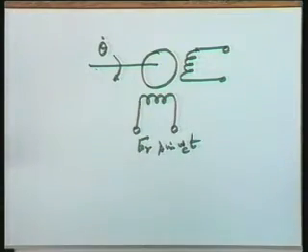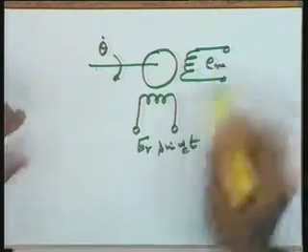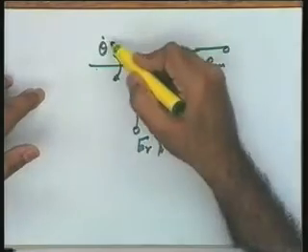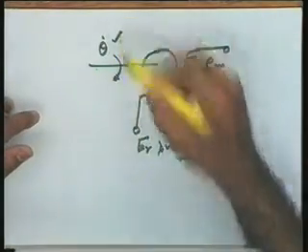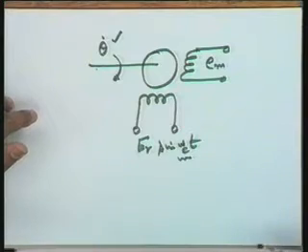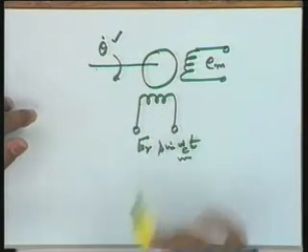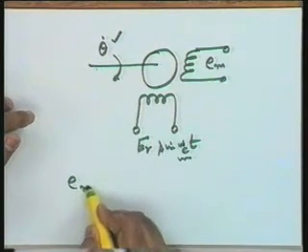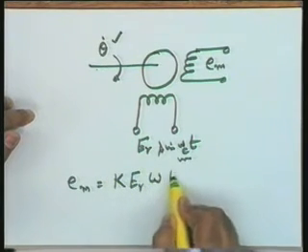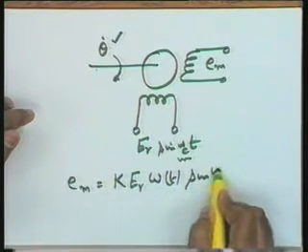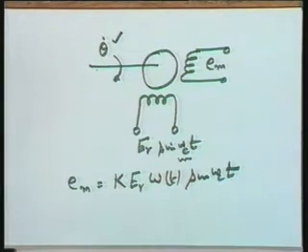The output is a modulated signal, Em, which, as you know, depends upon the frequency omega_c, the carrier, and the theta dot, that is the mechanical input to the rotor. So Em, if I write the complete expression, is going to be K Er theta dot sin omega_c t. Okay, this is your modulated signal as far as the output of the AC tacho generator is concerned.